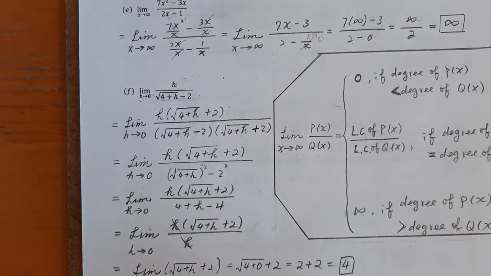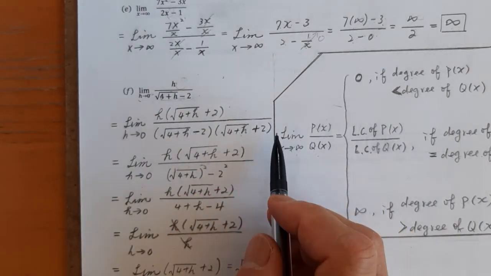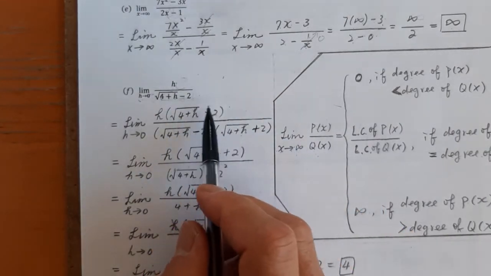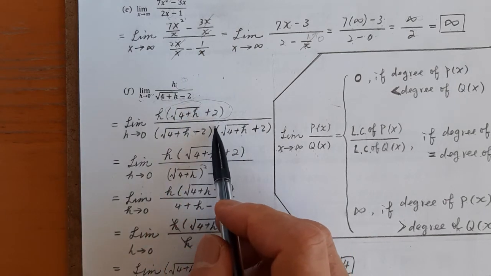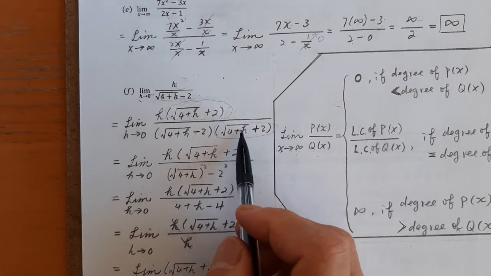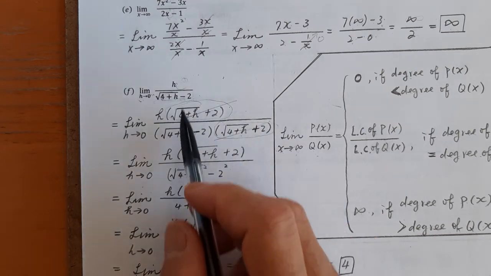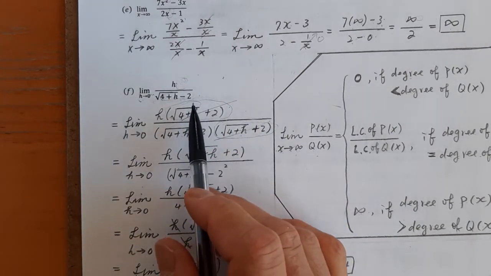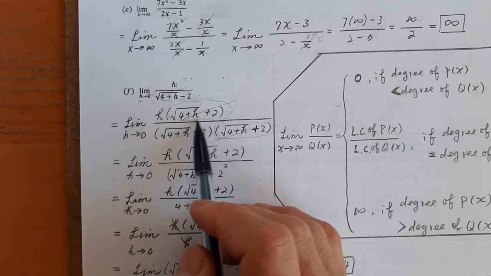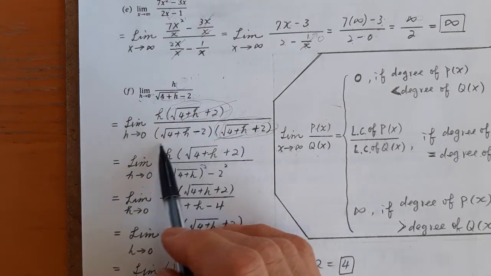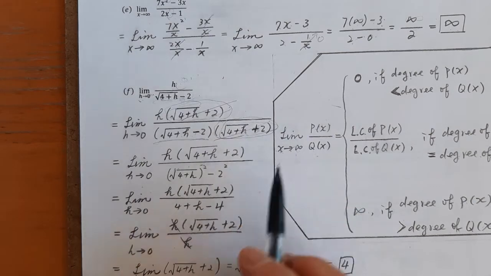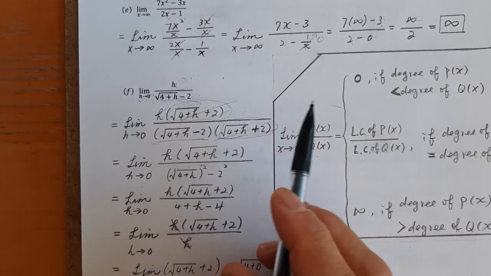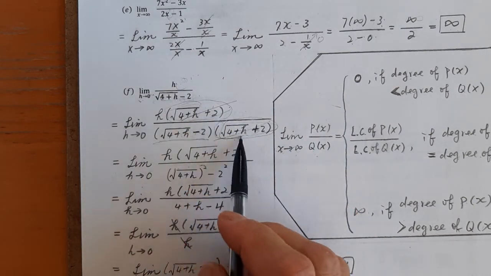So both sides are multiplied by this denominator's conjugate. You can cancel this, it is still the original. So both numerator and denominator are multiplied by the denominator's conjugate, which is minus changed to plus. Both sides times it.